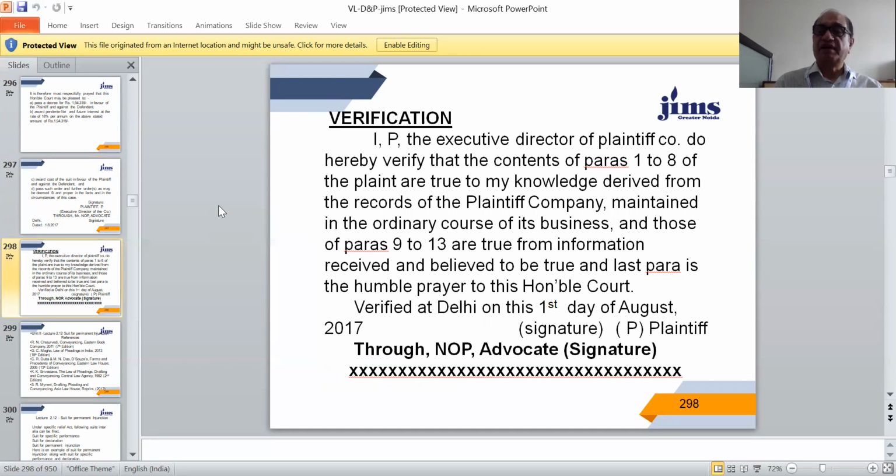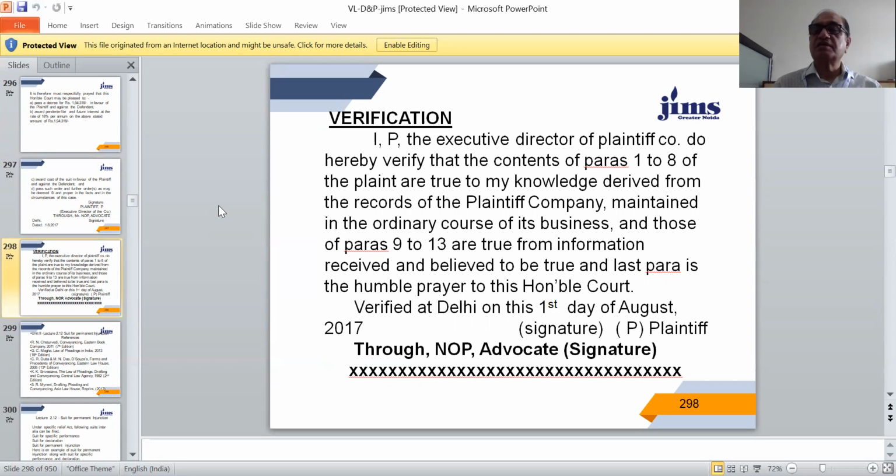Lastly, where you have verified this plaint, you are supposed to draft it also: verified at Delhi on this first day of August 2017. After verification, again, the signature of the plaintiff is required, and the signature of the advocate who is filing this plaint is also required. So you will write down through NOP, Advocate, and his signatures are to be appended on the plaint.